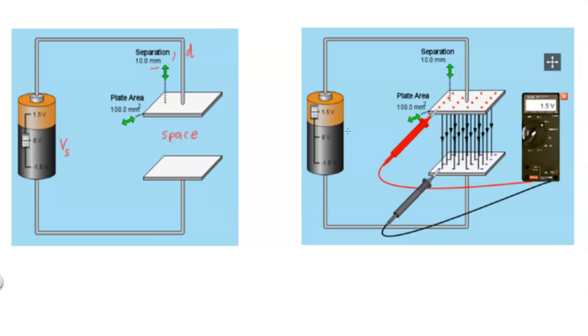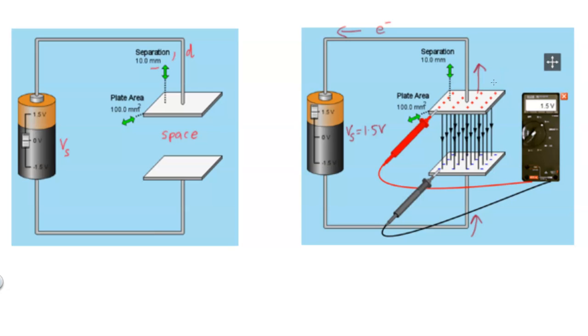So when we turn on the power supply to 1.5 volts, for example, the electrons are going to transfer from the positive plate. We'll call that electron transfer in this direction, and they're going to transfer to the bottom plate.